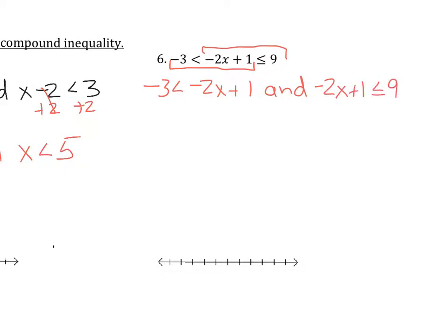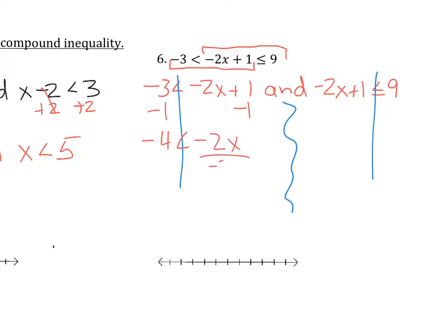Okay, so now I have my two inequalities broken up by the word and. I want to solve both inequalities separately. On the left-hand problem, subtract 1 from both sides. Negative 4 is smaller than negative 2x. Divide by negative 2. And remember, dividing by a negative makes me flip my inequality sign. So now I have positive 2, flip my inequality sign, and x. Keep the word and in there.